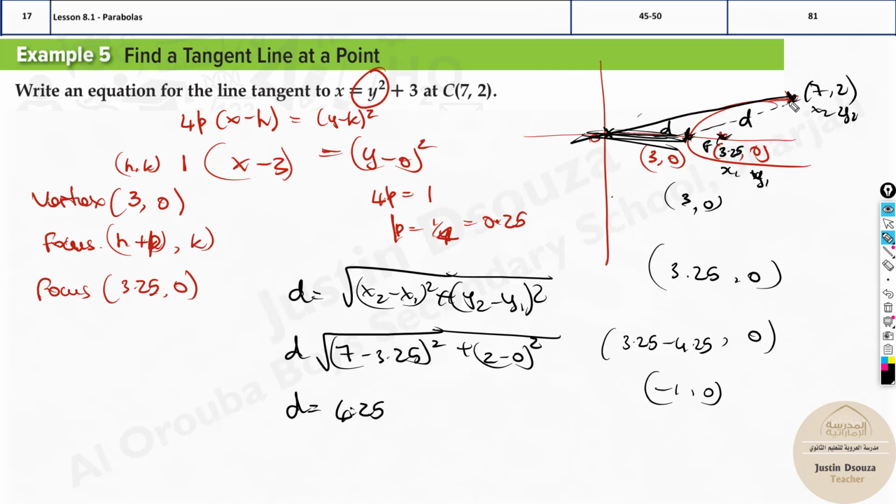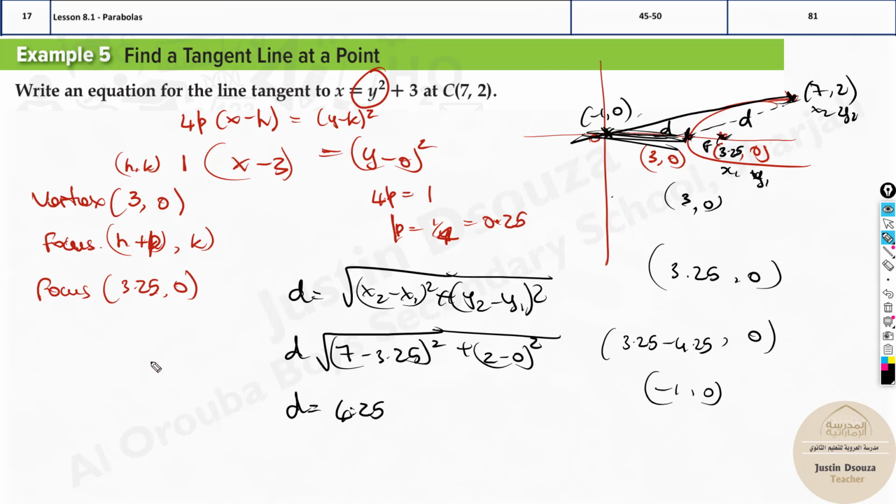So now we can tell the two points of the tangent line: negative 1 comma 0 and 7 comma 2. First you have to find the vertex and focus, then find the distance from the focus to the given point, and from that distance we can interpret where exactly the other point is. So we got 2 points on the tangent line now.